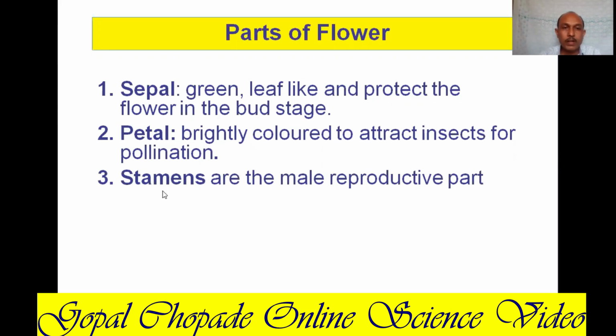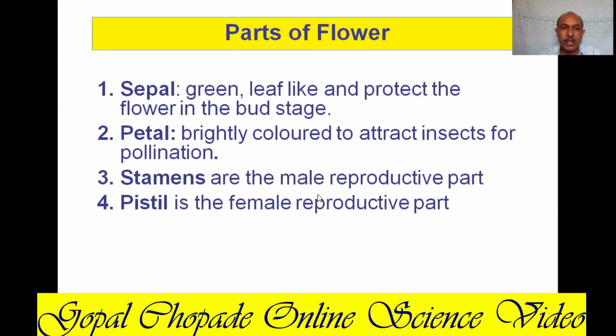The important part for reproduction is the stamens, the male reproductive part. The fourth important part is the pistil, the female reproductive part. So these are the main four parts of a flower: sepal, petal, stamens, and pistil.